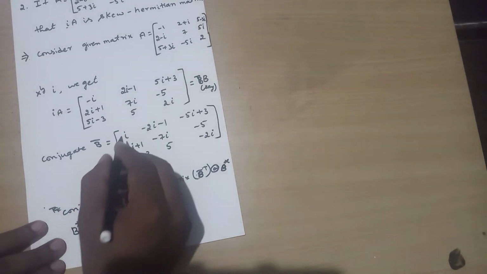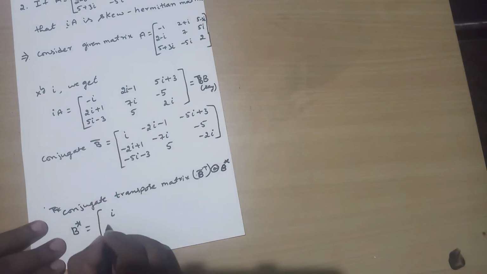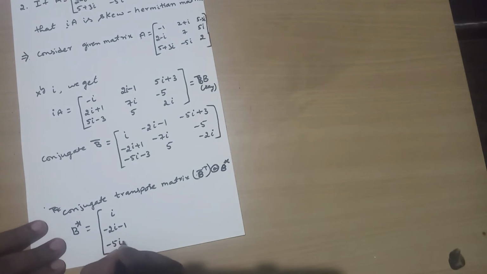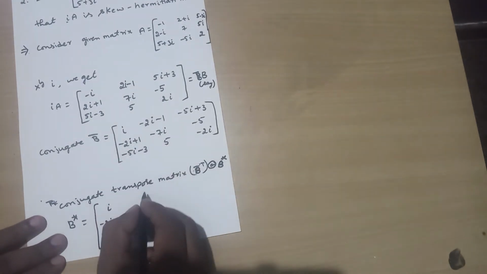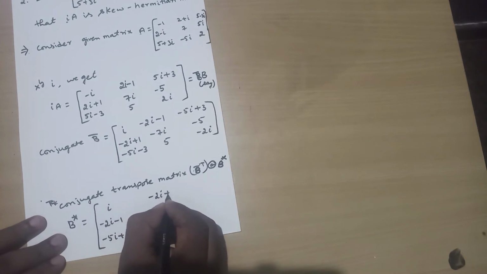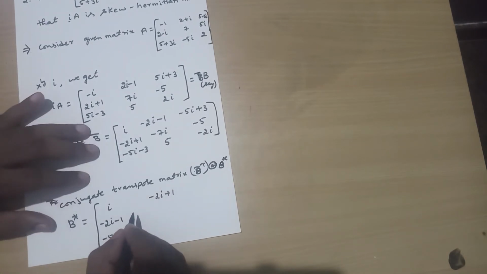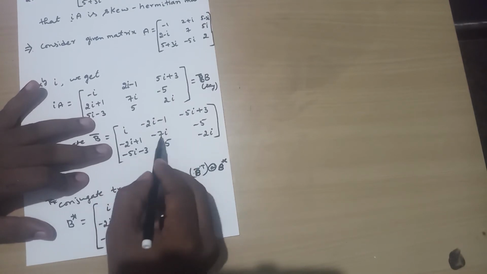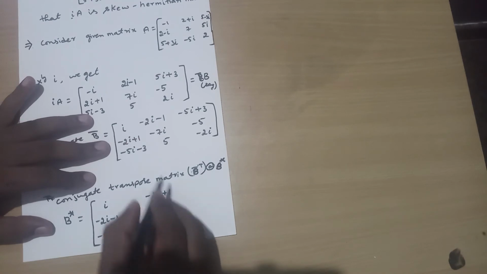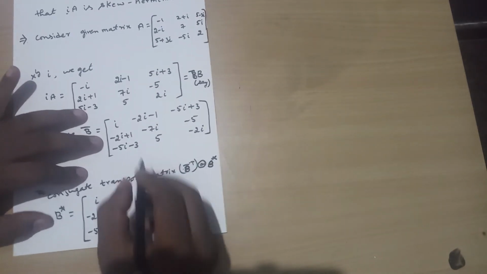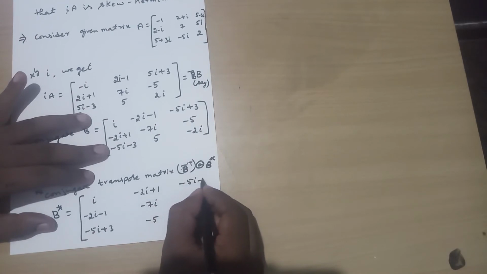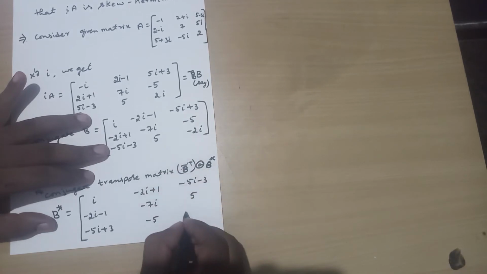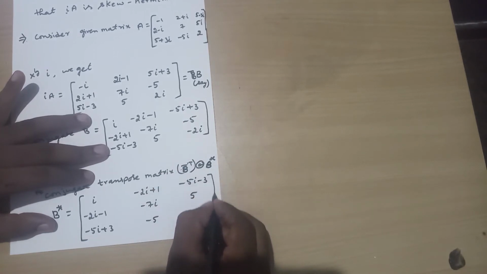If you take the transpose: i, and here minus 2i minus 1, and here minus 5i plus 3, and here minus 2i plus 1, and here minus 7i, and here minus 5, and here minus 5 minus 3, so 5, and here minus 2i.